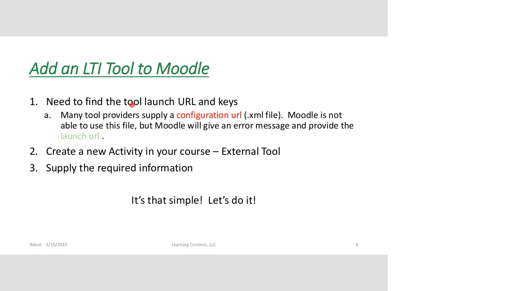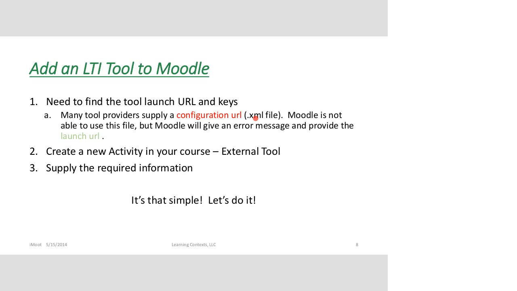You need to find the LTI tool launch URL and keys if any are used. Now, what I found in working with this is that most tool providers give you a configuration file, a configuration URL that's a .xml file. For some reason, Moodle cannot read that file and doesn't use it.